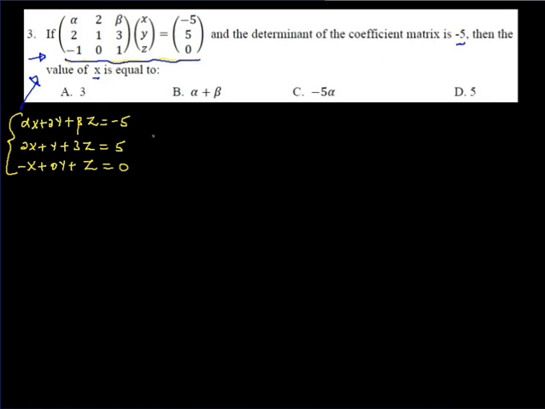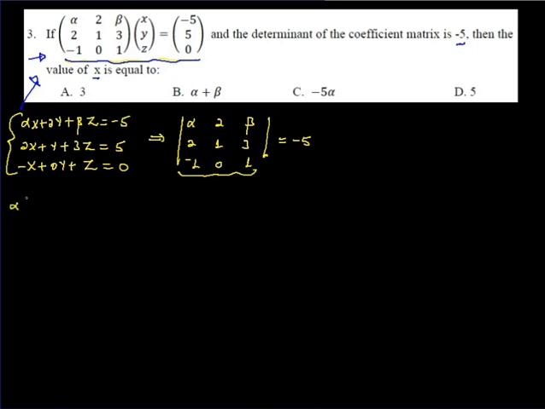So the determinant of the coefficient matrix, which is alpha 2 beta, 2 1 3, minus 1, 0, 1, is minus 5. It is given here. So from this we will get alpha and beta. So let us evaluate the determinant of this matrix.